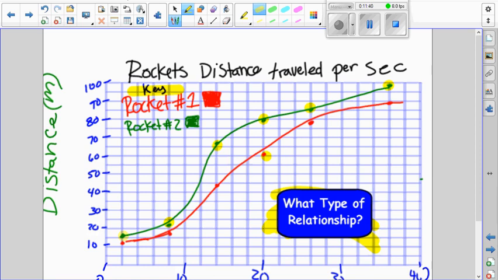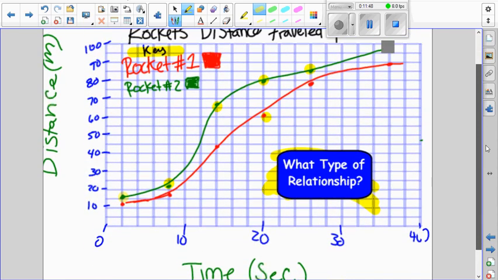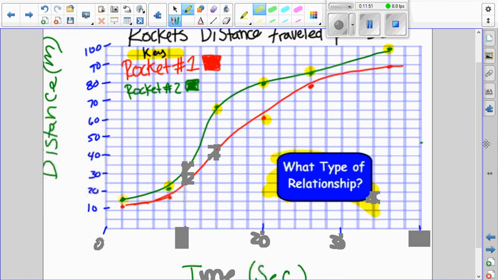The last question we have is, what type of relationship is this? I will ask you this on the quiz. So, time and distance. Here are the types of relationships. If they do the same thing at the same interval, they're direct. If your 2 variables go up together, direct. If they go down together, direct. They're directly connected.